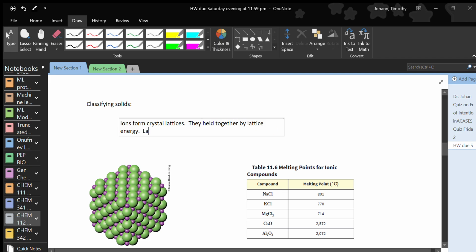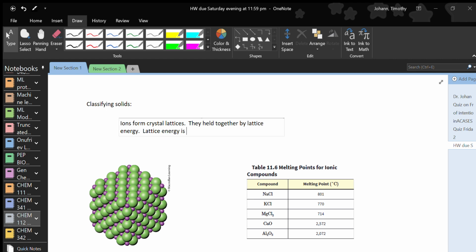And lattice energy is defined as the energy required to pull them apart. The lattice energy is pretty high for ionic solids, so they have high melting points.